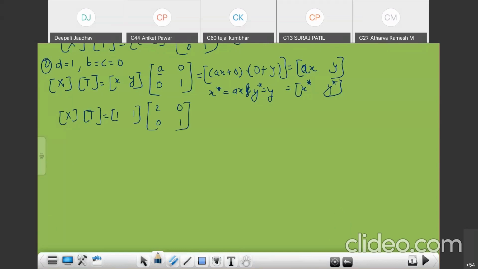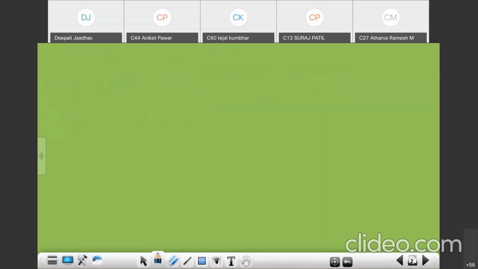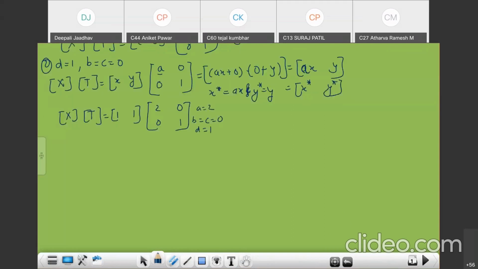Transformation matrix t is 2 0 0 1, which means a is equal to 2, b and c are equal to 0 and d is equal to 1. Now perform this multiplication. What result will we get after performing this multiplication?